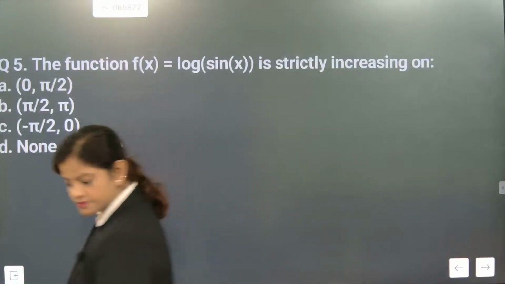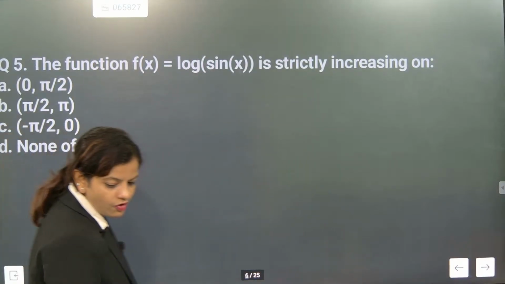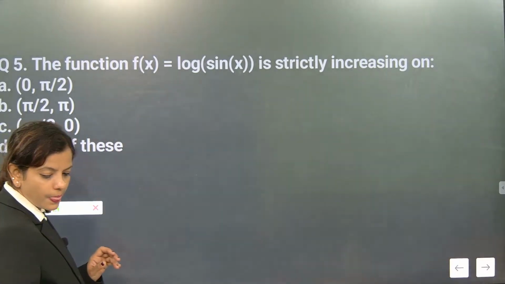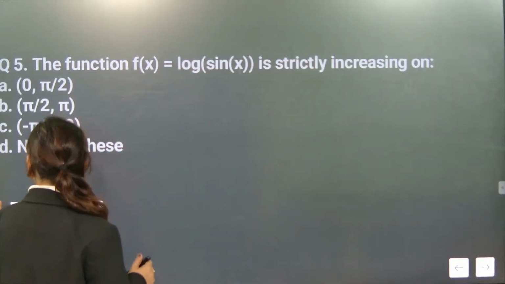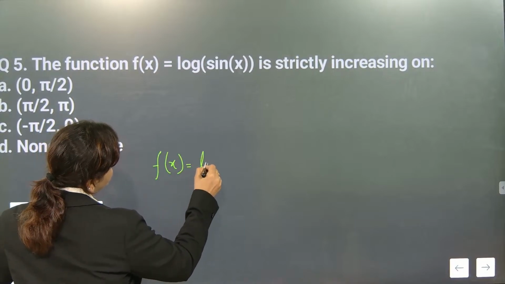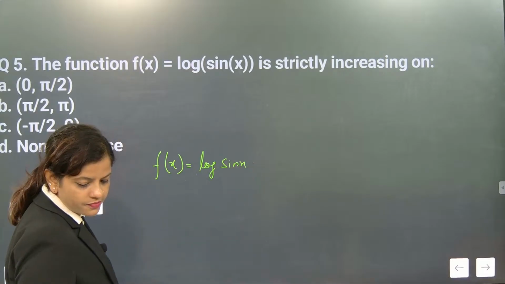Understood. So now none of this will be the answer. The function log x, f of log x will be there. What answer are we going to discuss? So now look here. f of x is equal to log sin x. What should be done for this part?